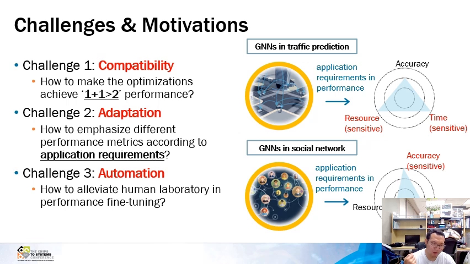According to the given application requirements, we expect a training framework that can automatically adjust its configuration and combine adequate techniques to achieve promising performance. These are the three challenges: compatibility, adaptability, and automation.